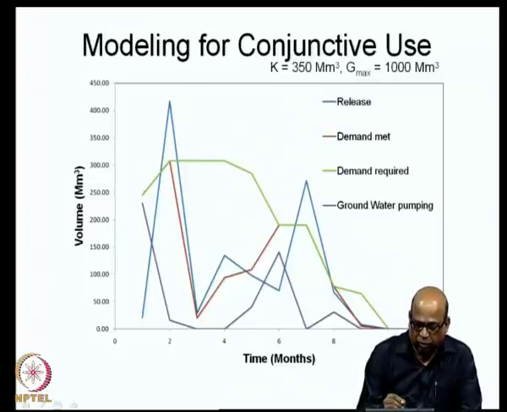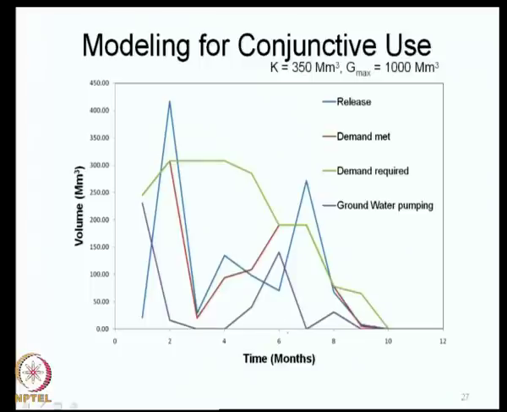So, wherever red is not seen, it is coinciding with the green, and there are several time periods within this, typically between 2 and 6 months as well as from 8 months to 12 months, the demands are not met to a great extent. Then you will also look at how much groundwater is pumped, how much is released from the reservoir, and the demand that is required, and so on. So, you look at all of these. In fact, you can also put the recharge, what kind of recharge is taking place and so on.